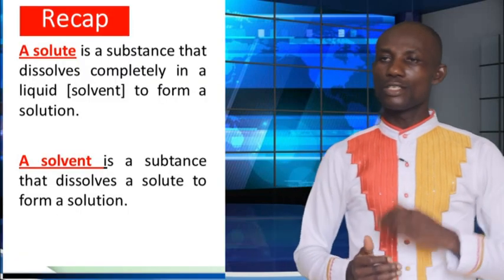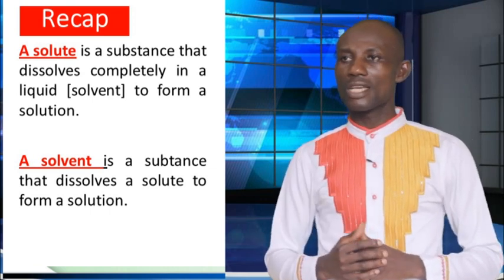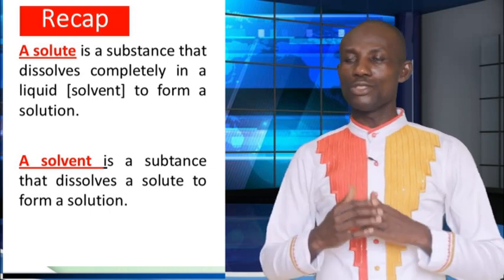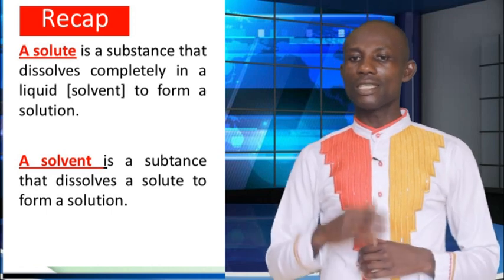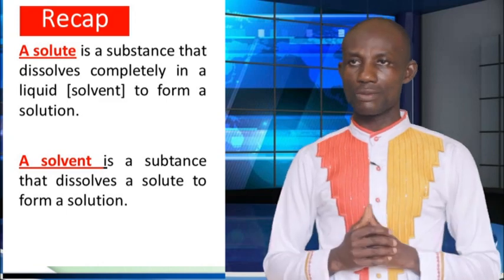Having taken you through the 3 main types of solutions and how to prepare a saturated solution on your own, let's take a recap of today's lesson. Today, we studied that a solute is a substance that dissolves completely in a liquid or solvent to form a solution.